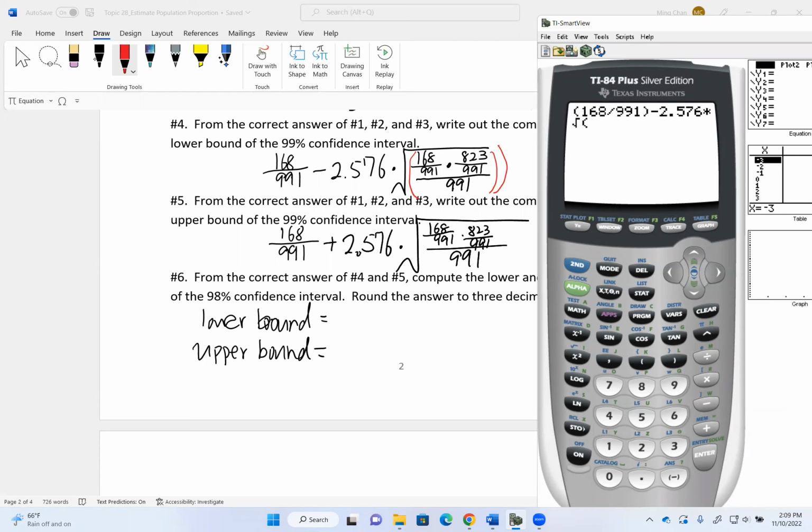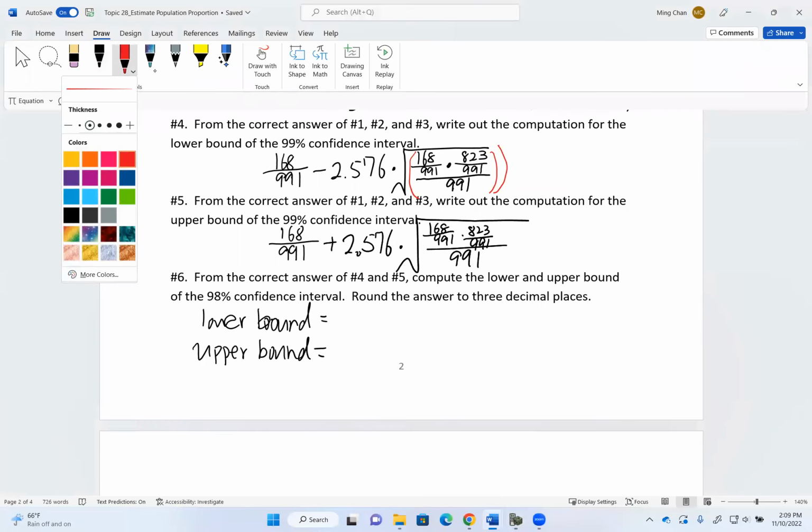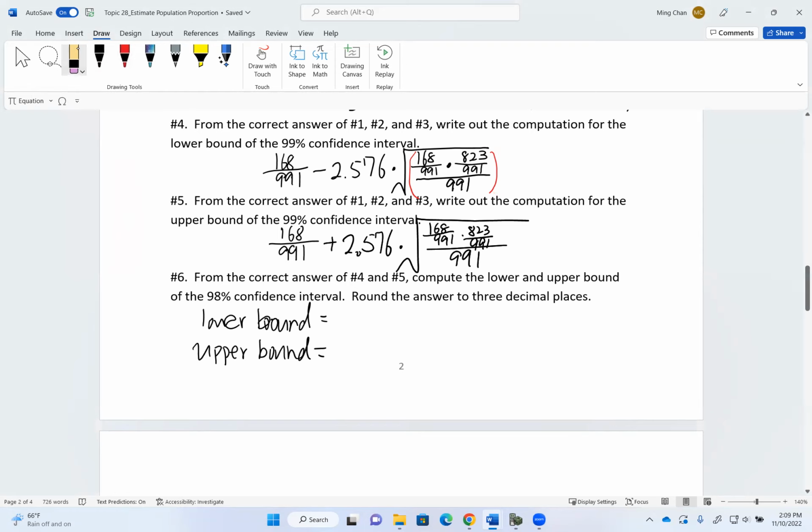Let me write it like this. It's kind of weird. The extra parenthesis here is from the square root, so I've got to close one. The numerator needs a parenthesis, and each fraction needs another set of parentheses.